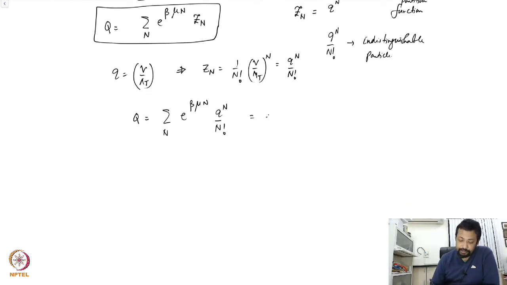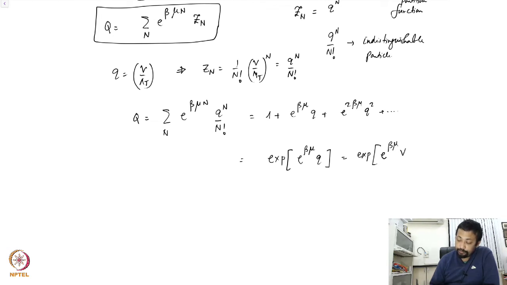If I expand this sum, this is going to be 1 plus e to the power beta mu q, plus e to the power 2 beta mu q squared, and so on and so forth, and this is going to be the exponential of e to the power beta mu times q, which is the exponential of e to the power beta mu V over lambda t.